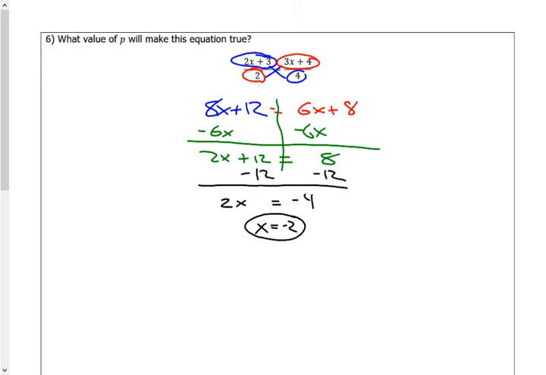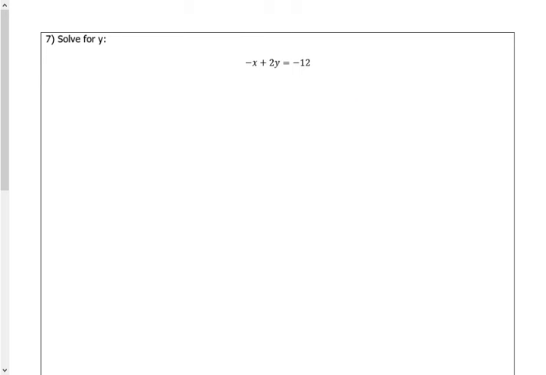Okay. 7, this one will be different, because even though it says solve, there's 2 variables in here. And when I have more than one variable, this is a literal equation. And a literal equation says simply move the variables and get the variable you're looking for by itself. So we'll add x to both sides.